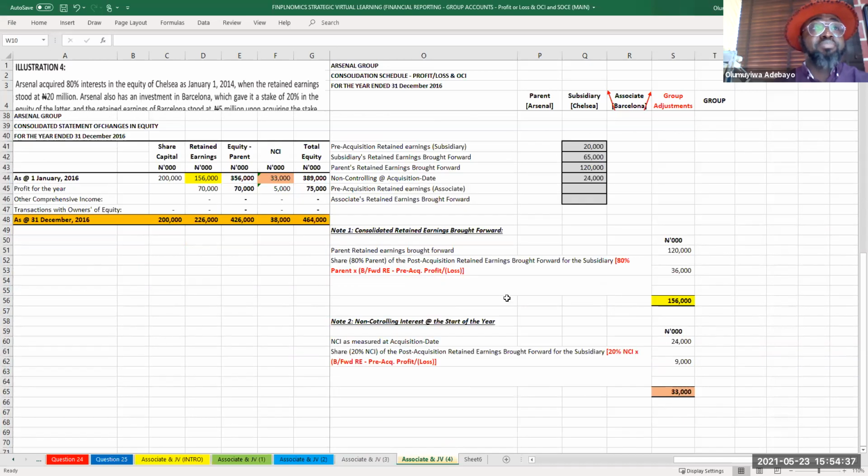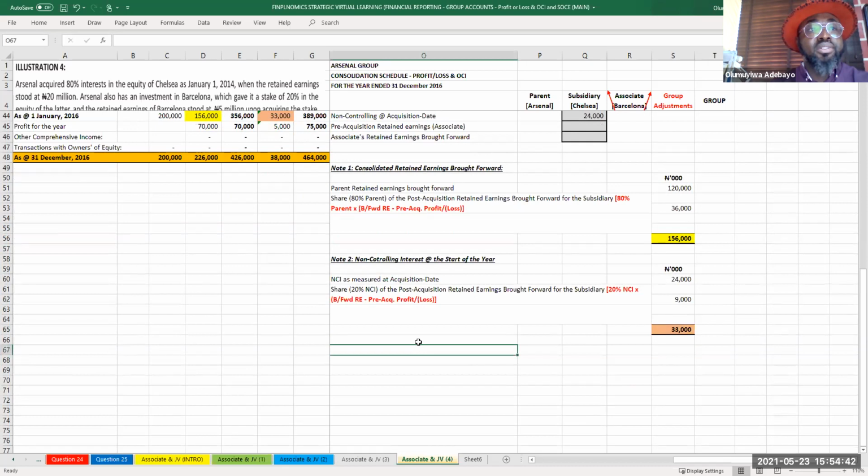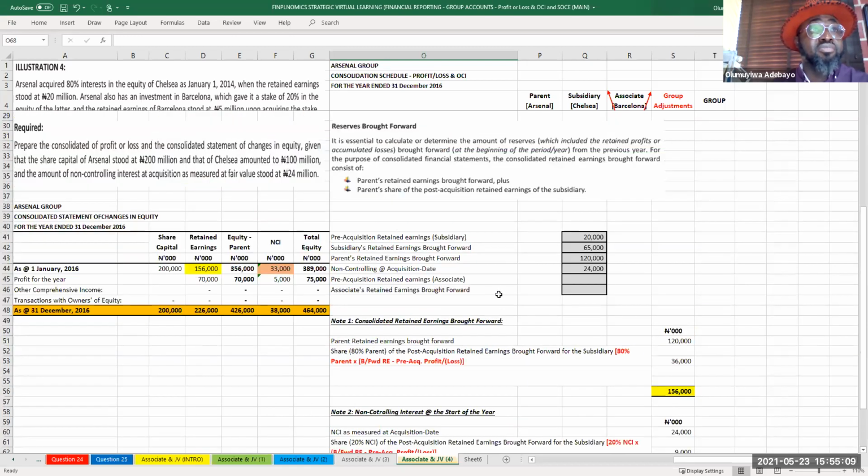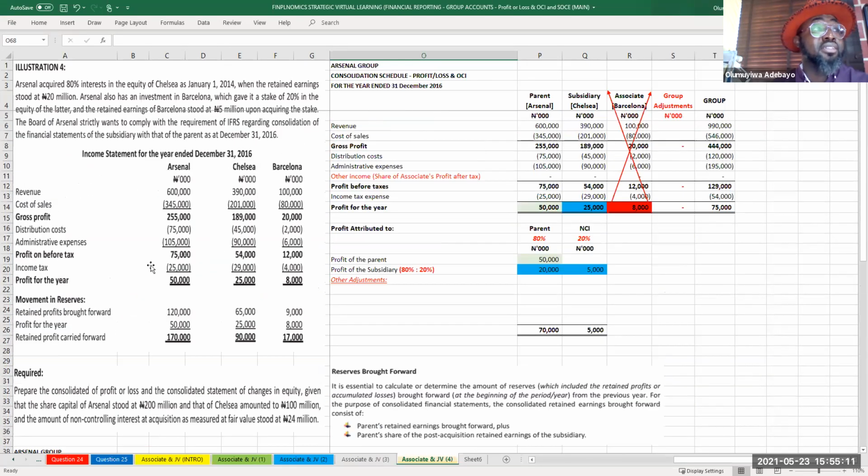Therefore, I'll come in, working notes. Share of profits after tax in Barcelona. And Barcelona is what? An asset. Now, the first thing is, what is the profit of Barcelona in that year after tax?